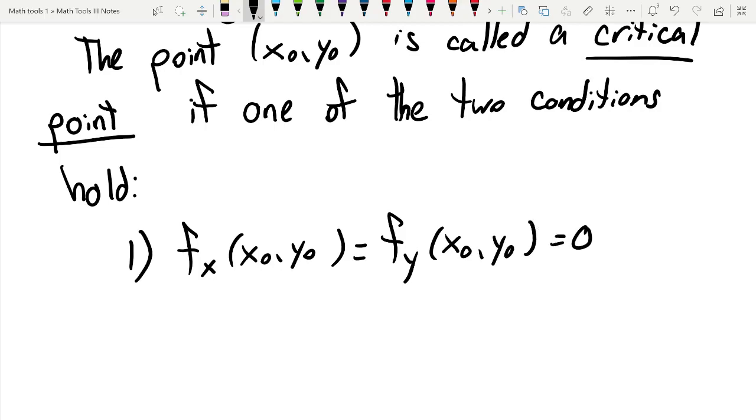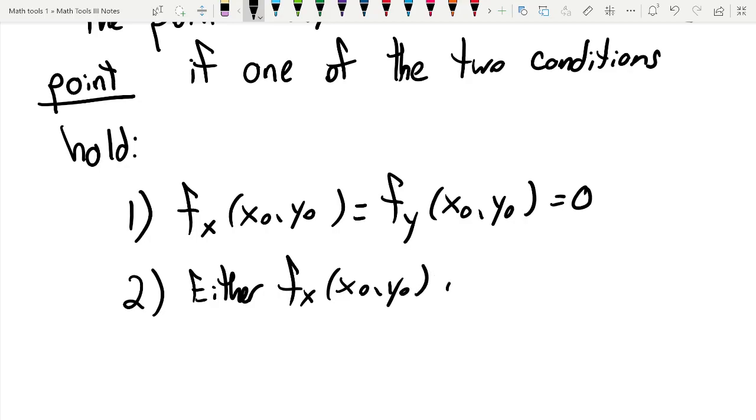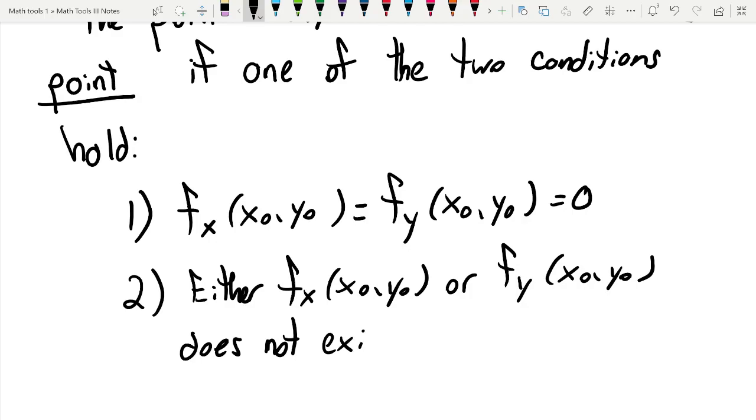So both partial derivatives are equal to 0, or either partial derivative, so either f sub x of x sub 0, y sub 0, or f sub y of x sub 0, y sub 0 does not exist.